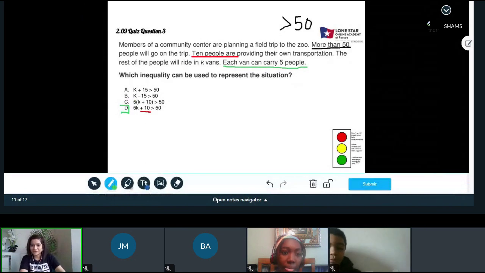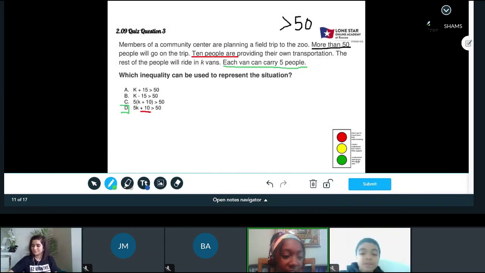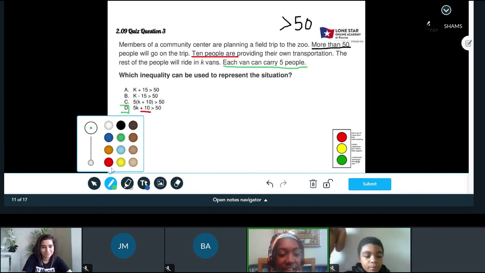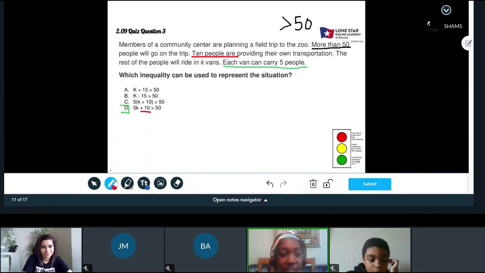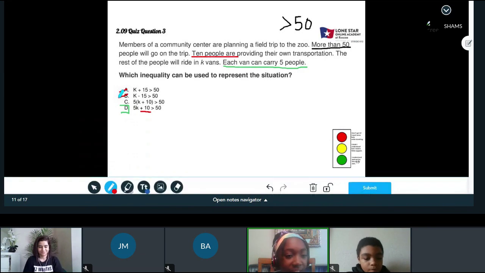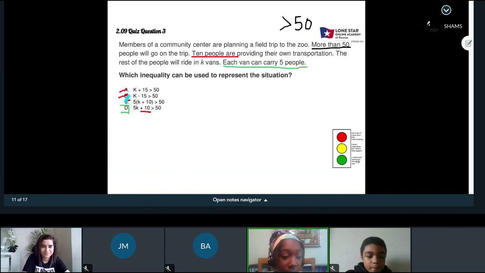Patu, you are next. How would you explain this? So I would automatically realize that it's not A or B because it says 15 and none of the numbers in the word problem are 15. Okay, and then with C, it's not going to be that because each is with 5 and not with 10.